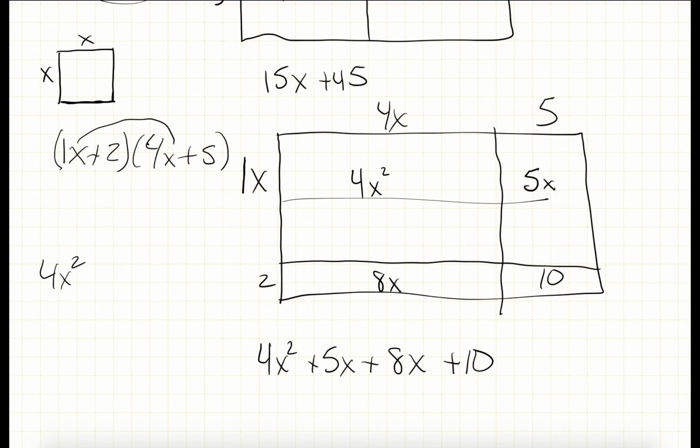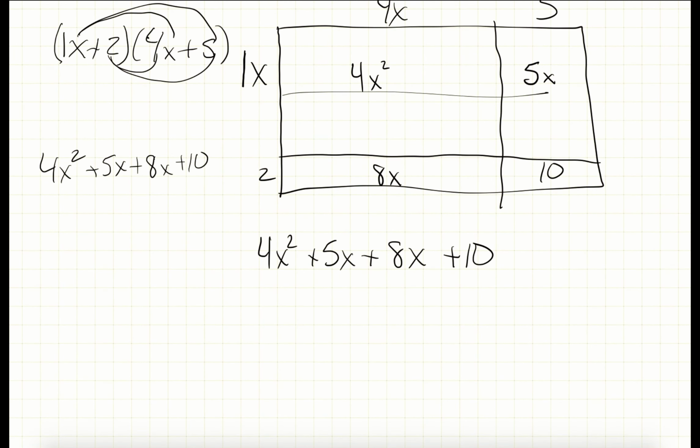X times 5 to make 5x. 2 times 4 to make 8, and then times the x, and then 2 times 5 to make 10. So whether you do it in an area model or whether you do it using algebra and the distributive property, it's really the same thing. The distributive property is just a way to make an area model.